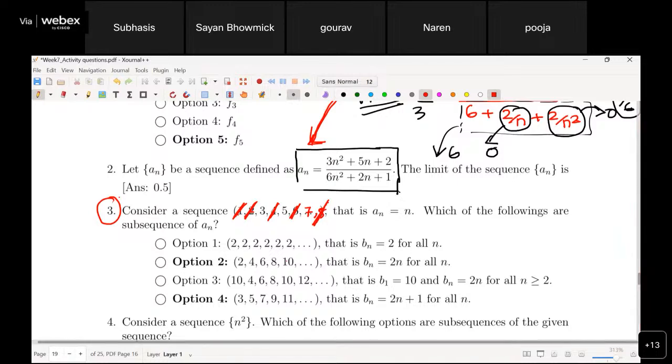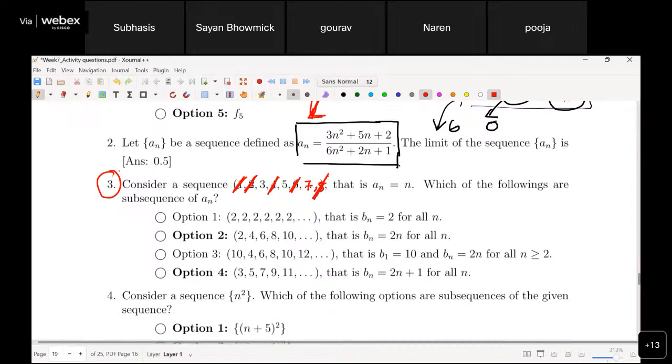So as you can see, I'm deleting a lot of elements, and at the same time I'm maintaining the order also. 5 is coming after 3, and here also in my subsequence 5 is coming after 3. 7 is coming after 5, and here in my subsequence 7 is coming also. Similarly, I'm maintaining the order of all the elements in my subsequence. So that's why option 4 is a subsequence.